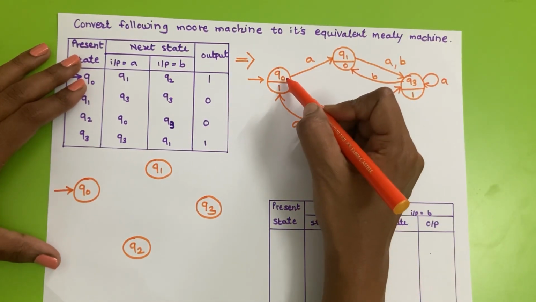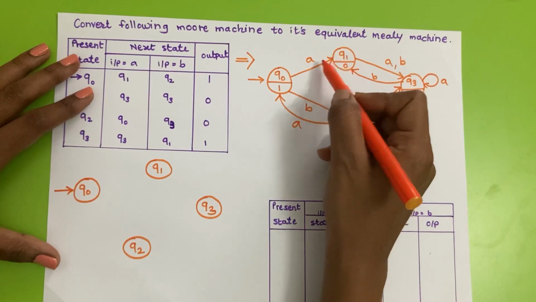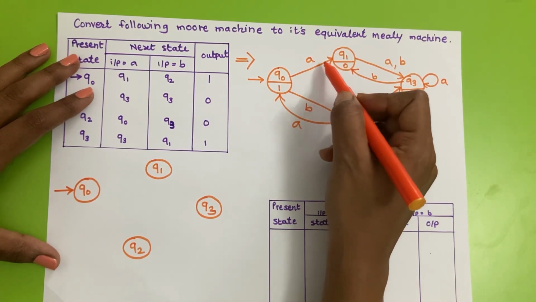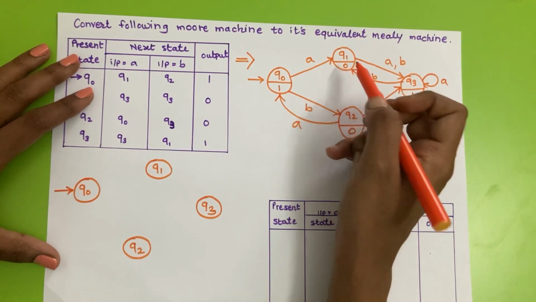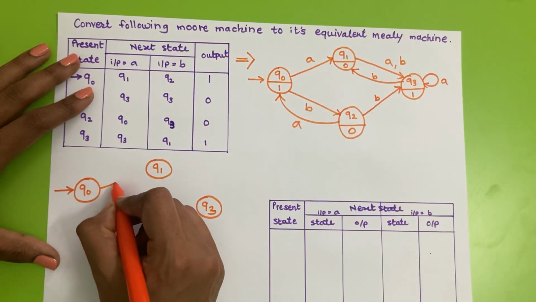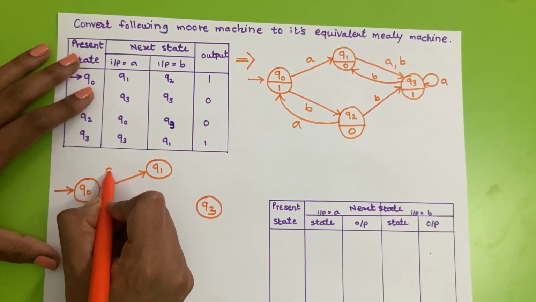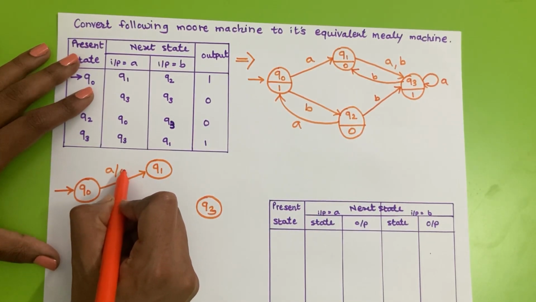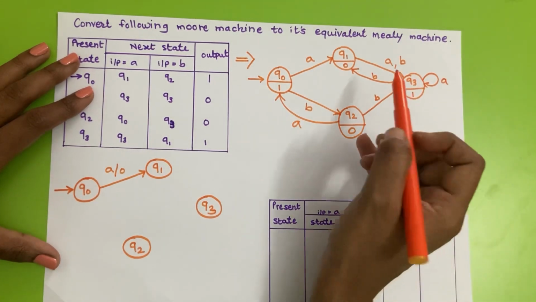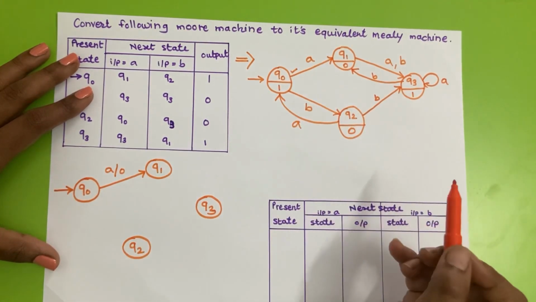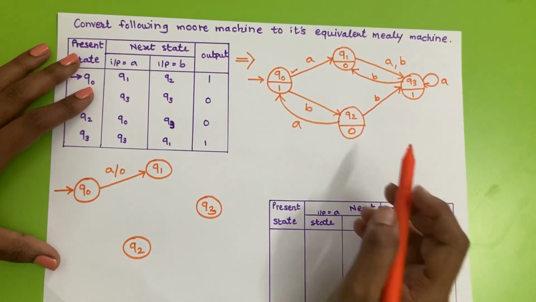While going from Q0 to Q1, we are taking input symbol A and that will be replaced by 0. So we write it from Q0 to Q1, the input A will be replaced by 0. Now this transition is done, so I'll make a tick mark.